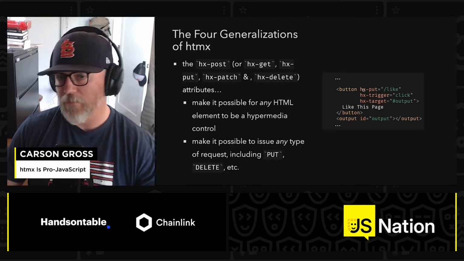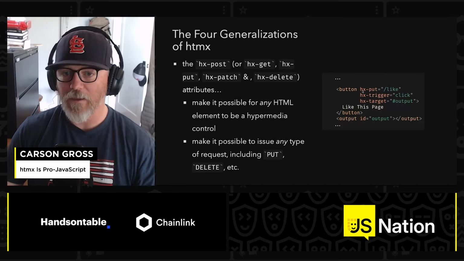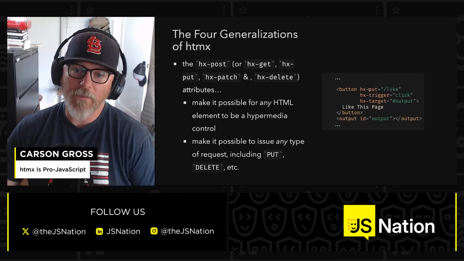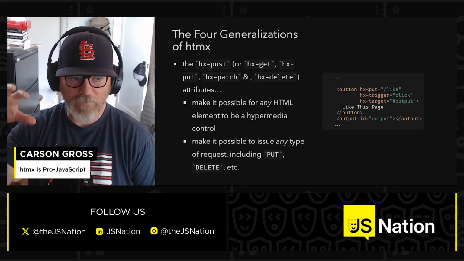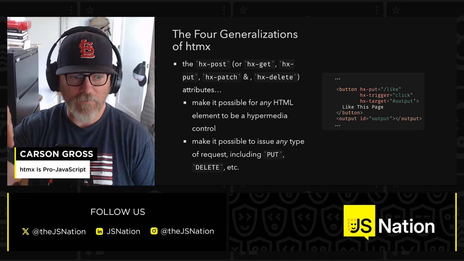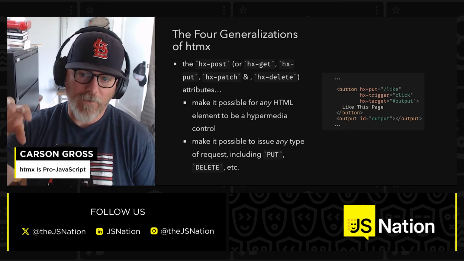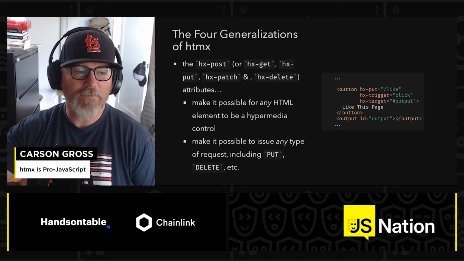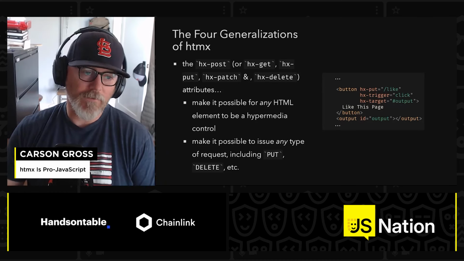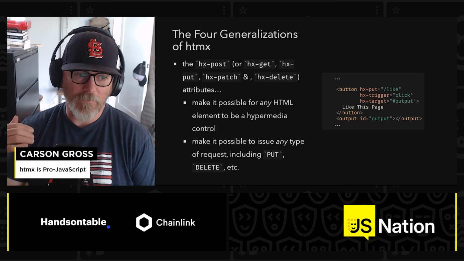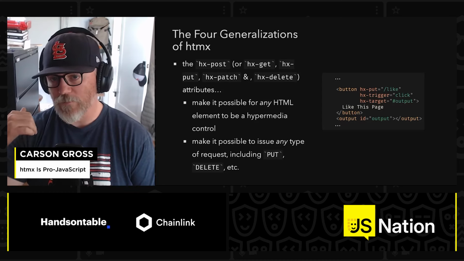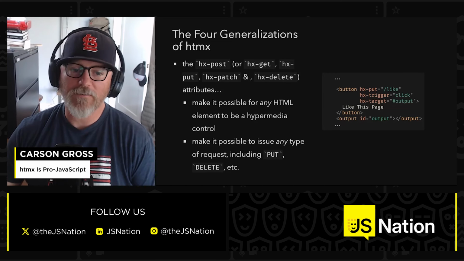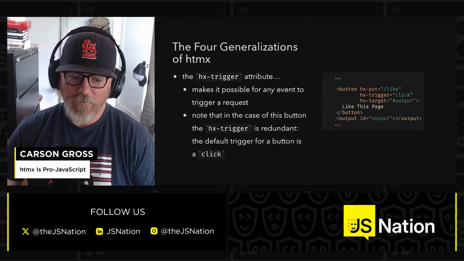HTMX has a series of attributes, hx-get, hx-post, hx-put, hx-delete, and hx-patch, that allow you to effectively say, on this element, when a triggering event occurs, and we'll talk about that in a second, issue this type of request. So now any element in your HTML document can effectively become a hypermedia control. It can issue a hypermedia request to a server and get back HTML. So that's the first part.